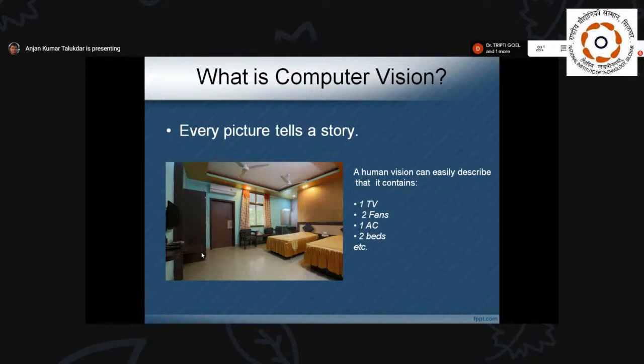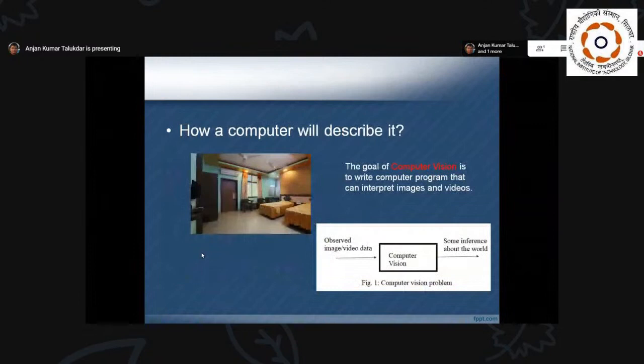But how will a computer describe it? That is basically the goal of computer vision, to write a computer program that can interpret images and videos.